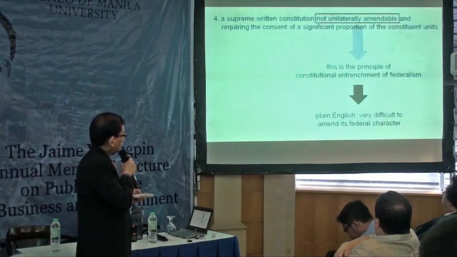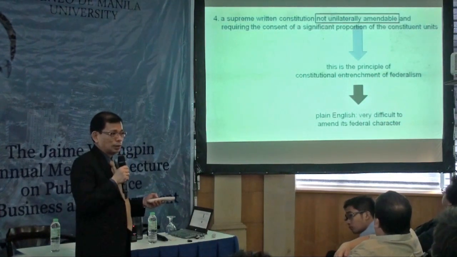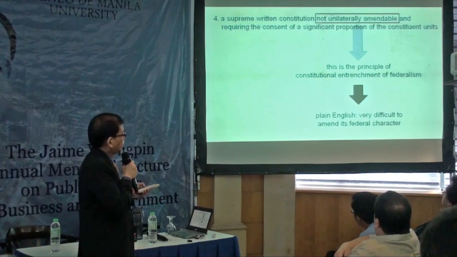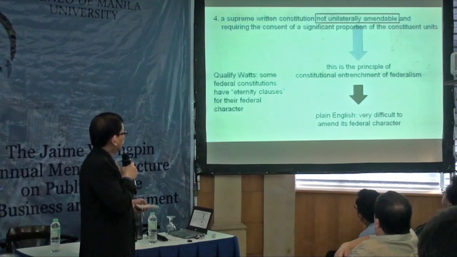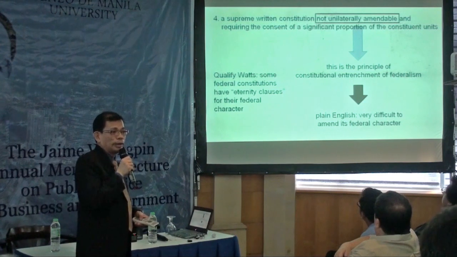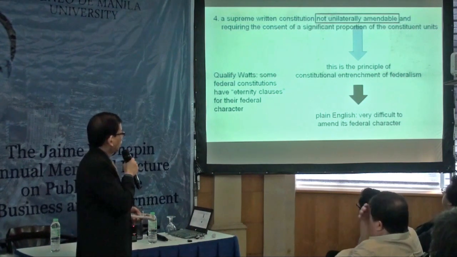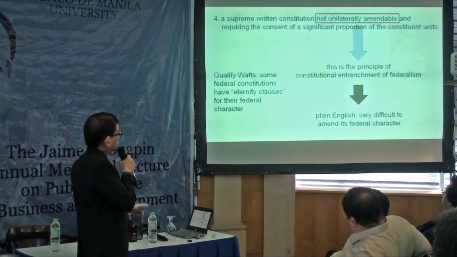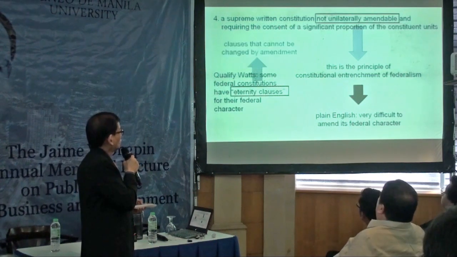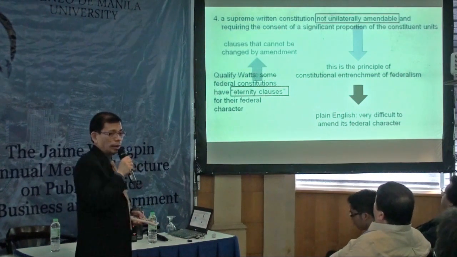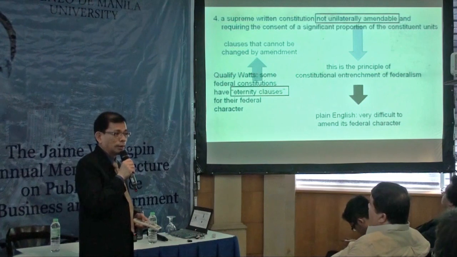I would like to qualify Watts. Remember the first slide that I showed on constitutional entrenchment. Some federal constitutions actually have eternity clauses for their federal character. By eternity clauses, this would mean that clauses cannot be changed by amendment.